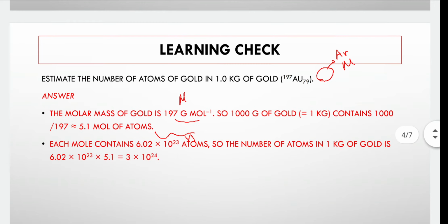You see here, estimate the number of atoms of gold when we have 1 kilogram of gold, and he gave us the atomic mass and the mass number.